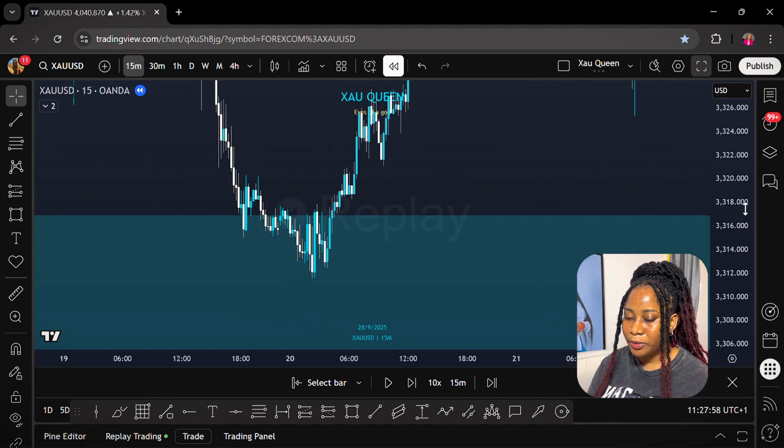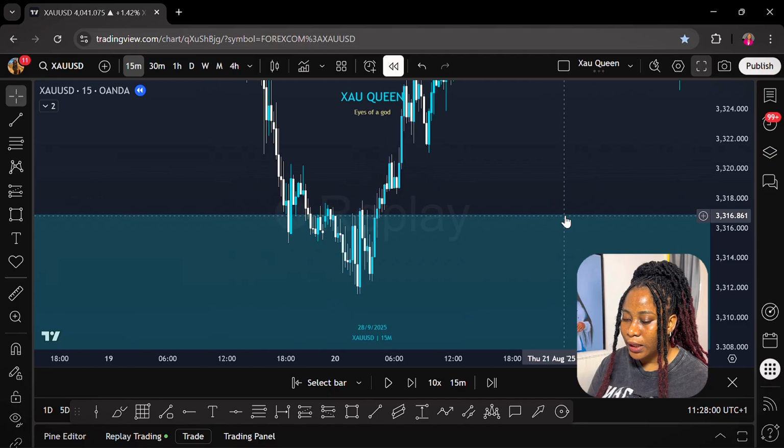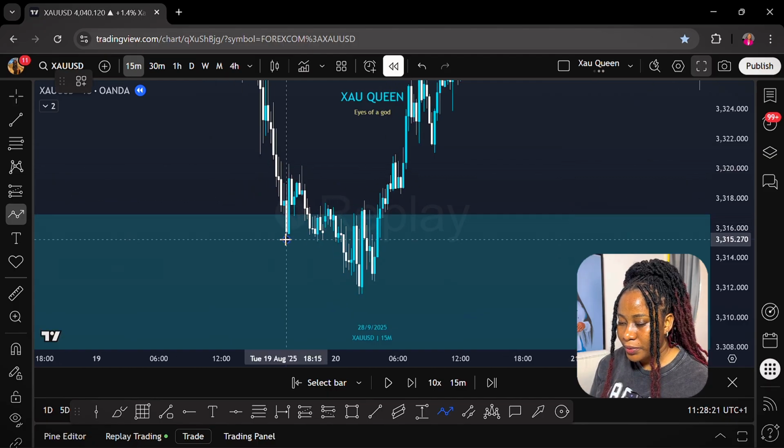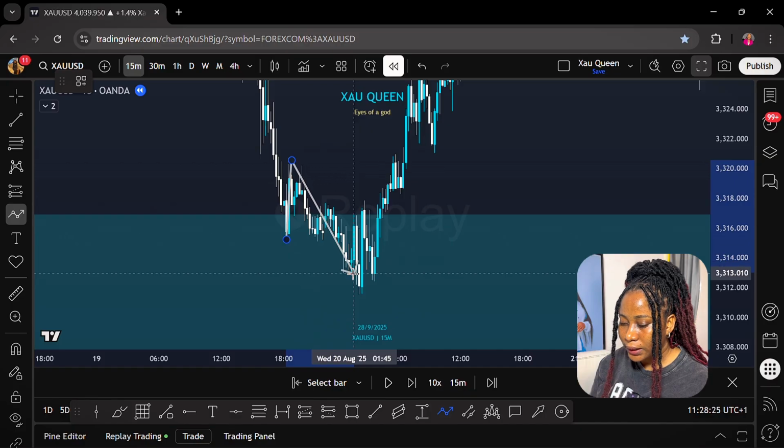Alright, so you can see price tapped into our POI because you see price did this here, then took it out here, pulled back a bit, then went up.